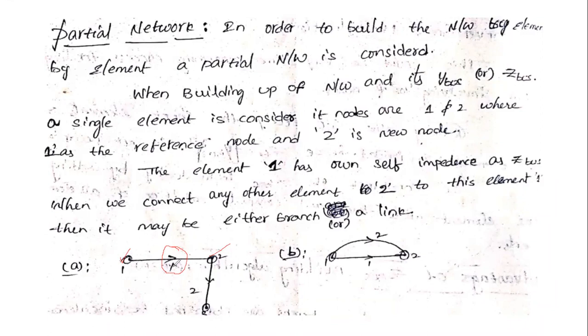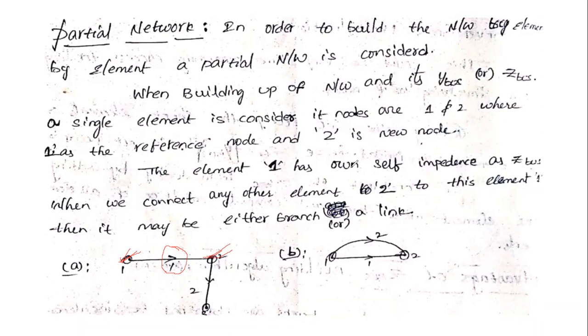Understand? The element is placed between two nodes: the first node is considered the reference, and the other, the second node, is considered the new node.